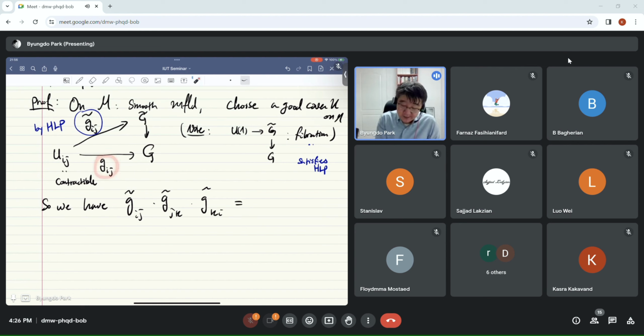If I did the same thing with G, then because this is a cocycle for the principal G bundle, it's going to satisfy equal to 1, but here it's not 1.